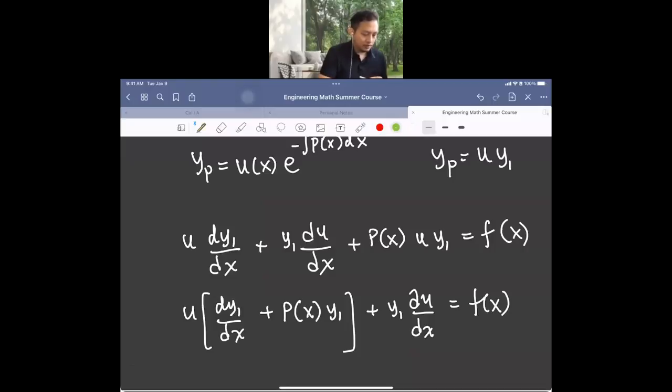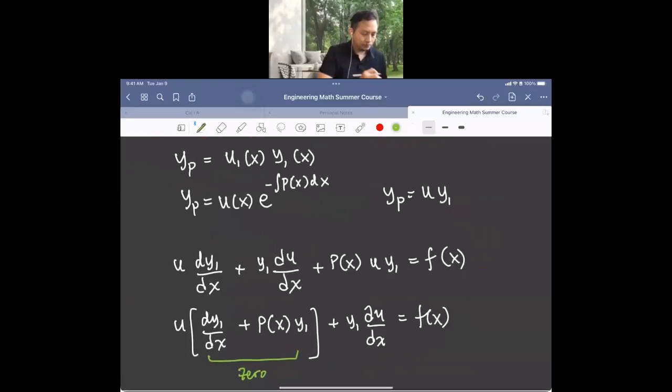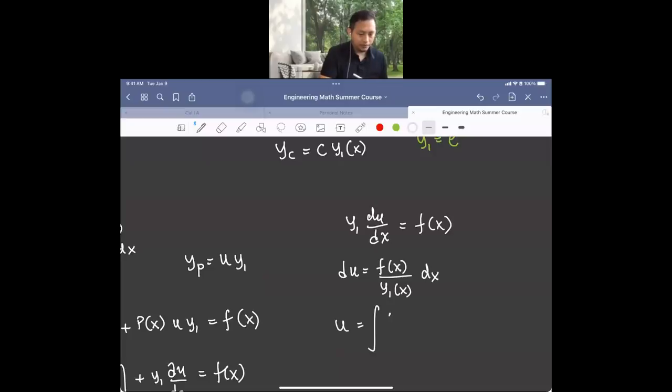Now we remember that this bracket is the homogeneous, which is 0, right? Then we are left with y1 du dx equal to f of x. Now we separate and integrate, and it gives du equal to f of x over y1 of x dx. So u is the integration of f of x over y1 of x dx.